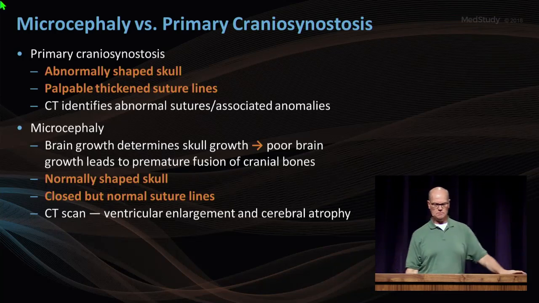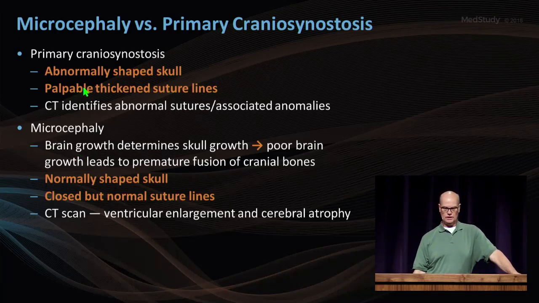So your next best step for primary craniosynostosis may very well be referral for evaluation by a neurosurgeon, and your next best step for microcephaly may very well be referral to a neurologist or a developmental specialist. So look for these key words to sort through those two.